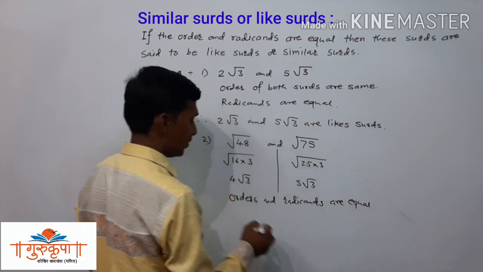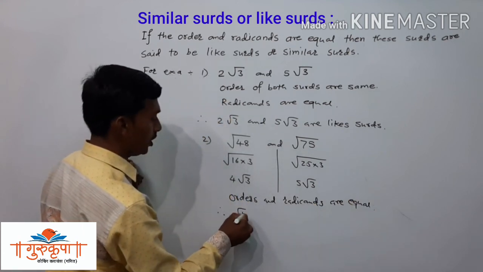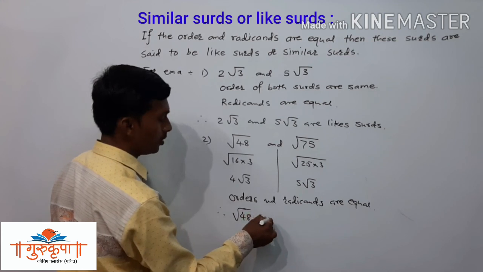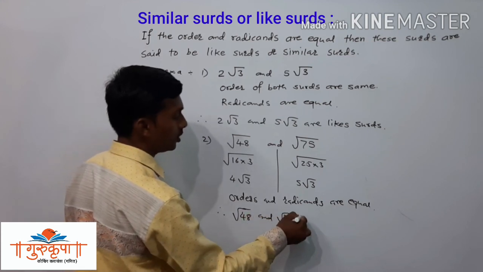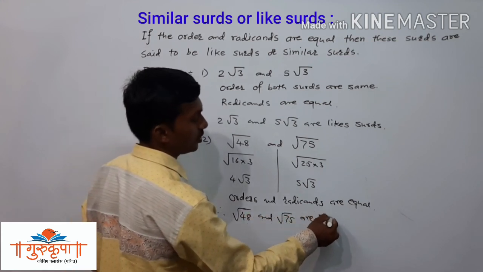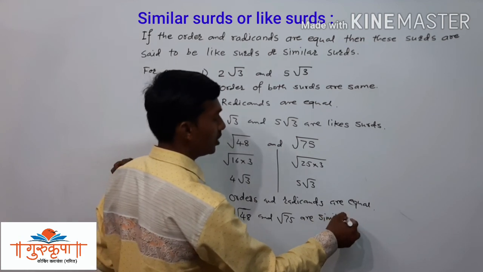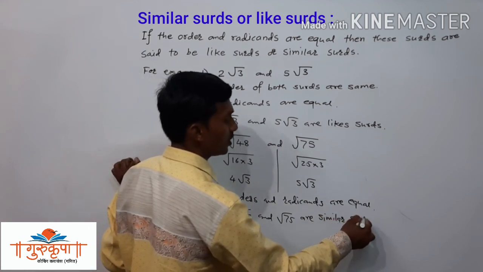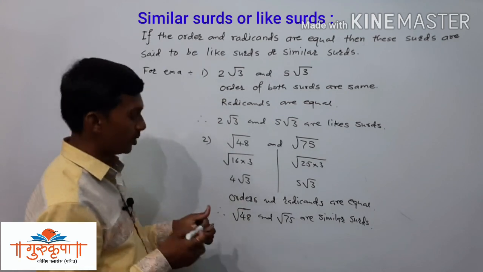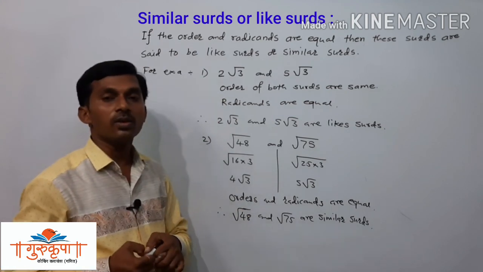Therefore, square root of 48 and square root of 75 are similar surds, or you can write like surds.